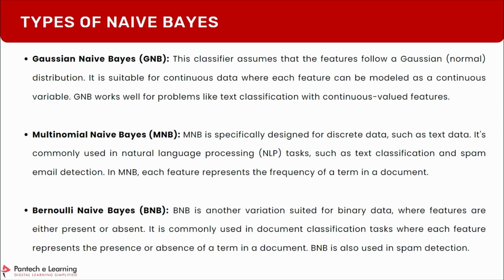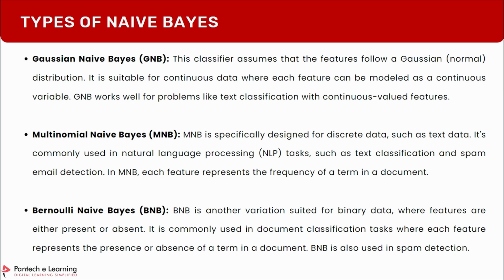In multinomial naive Bayes, each feature represents the frequency of a term in a document.